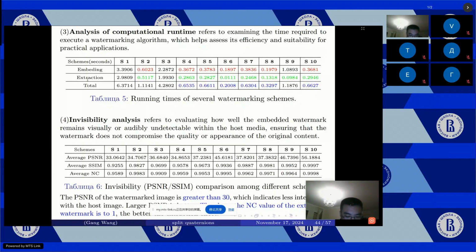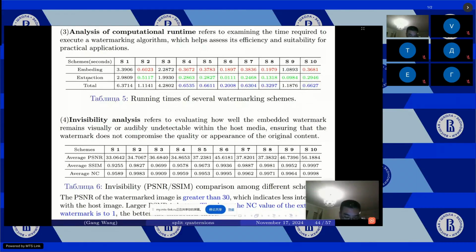However, the other quaternion watermarking algorithms have significantly longer runtimes. In addition, as Scheme 9 does not need to perform quaternion SVD again during the extraction process, the extraction time is faster, but the overall time is still slightly slower.